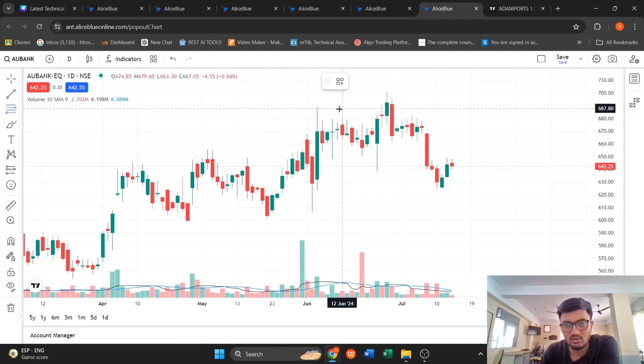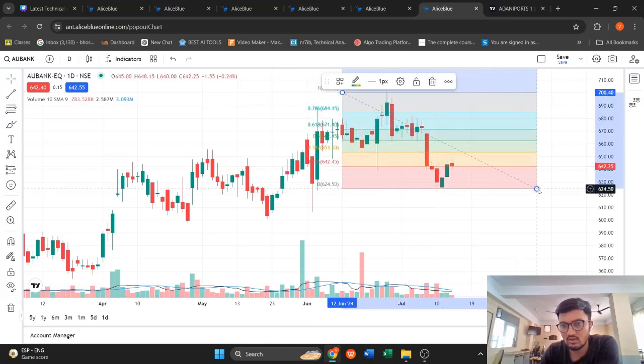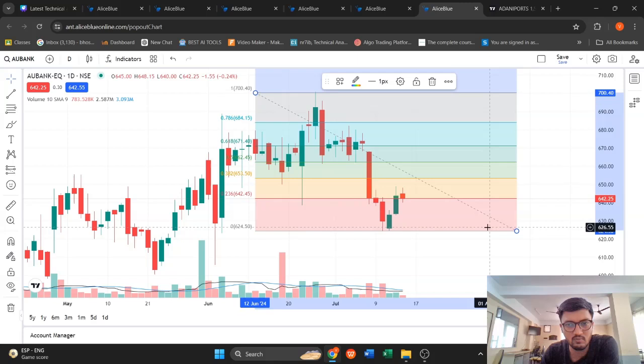Okay, and this is the high. Because of the bad quarter results, or the stable growth, there was no up growth. Again, it is coming at this 23 percent level, you can see, and in a downward move you can see the stock has reversed. It was in an upward trend, now it is in a downward trend.